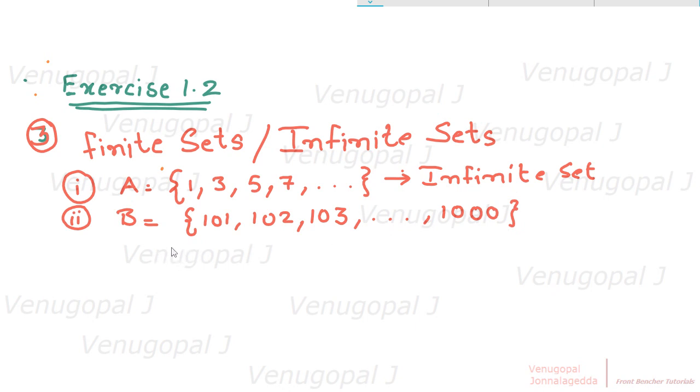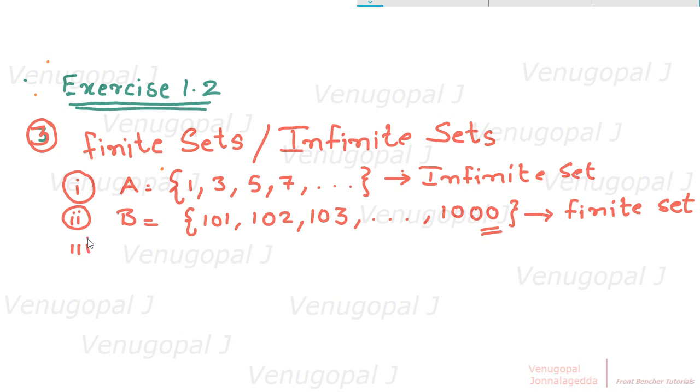So this looks like a set of natural numbers and it has a triple dot in between, but it has an ending here. The set of natural numbers starts from 101, 102, 103 and goes till 1000. That means this is a finite set. It has a definite ending and it is a set of positive natural numbers.